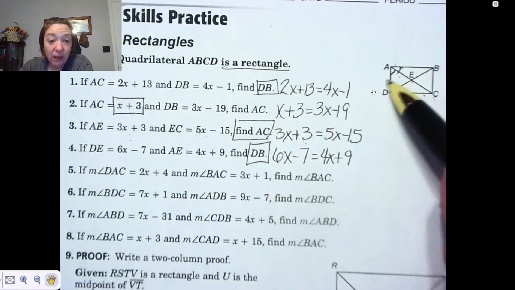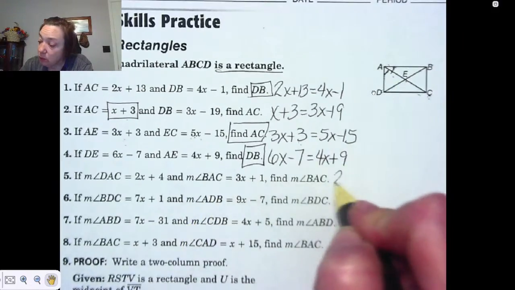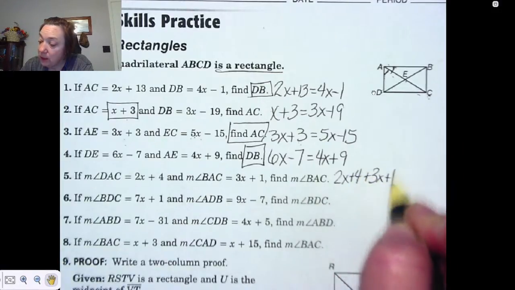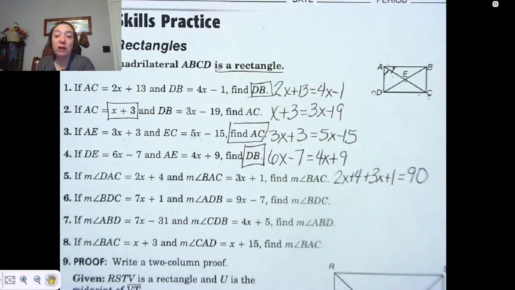So they gave us these values of 2x plus 4 and 3x plus 1, and we know that those add up to 90 degrees. So once again, we're going to set up that equation, solve that equation, and then use our value for x to find BAC. So remember, I'm not going over the algebra part of this. Y'all know that. I'm just going over the geometry part so that you know how to do the geometry.